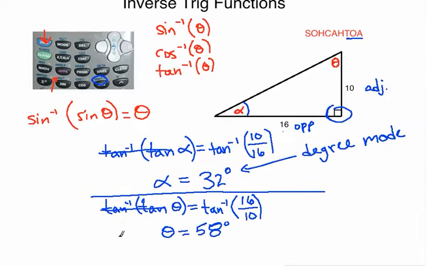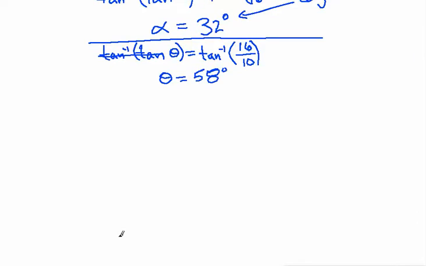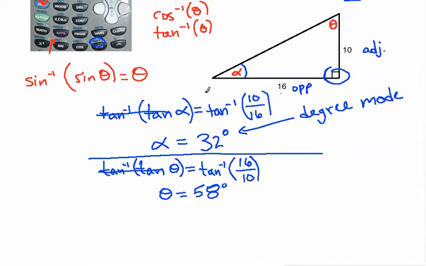One last thing. If you want to express an angle as an inverse, I could write that angle, alpha, as the inverse tangent of, and then tangent would be opposite over adjacent here, so 10 over 16.